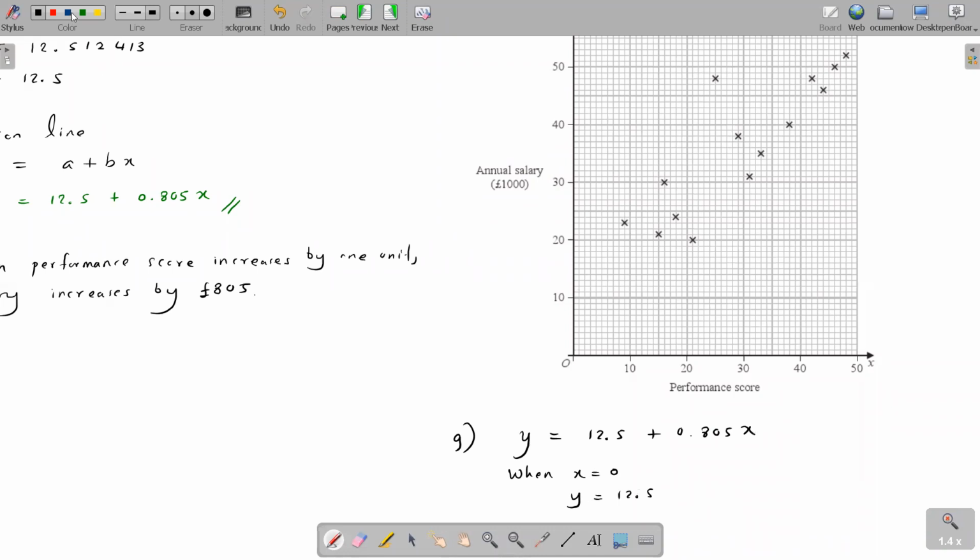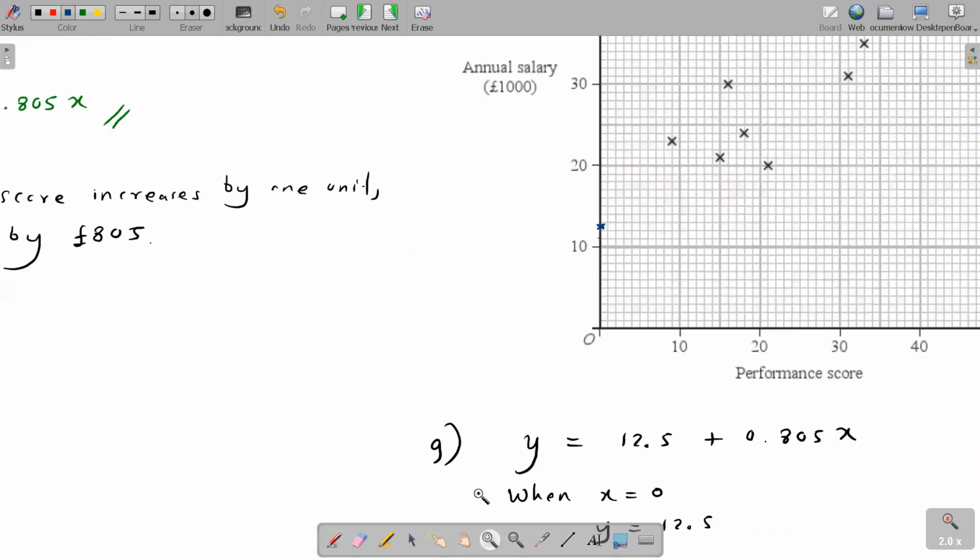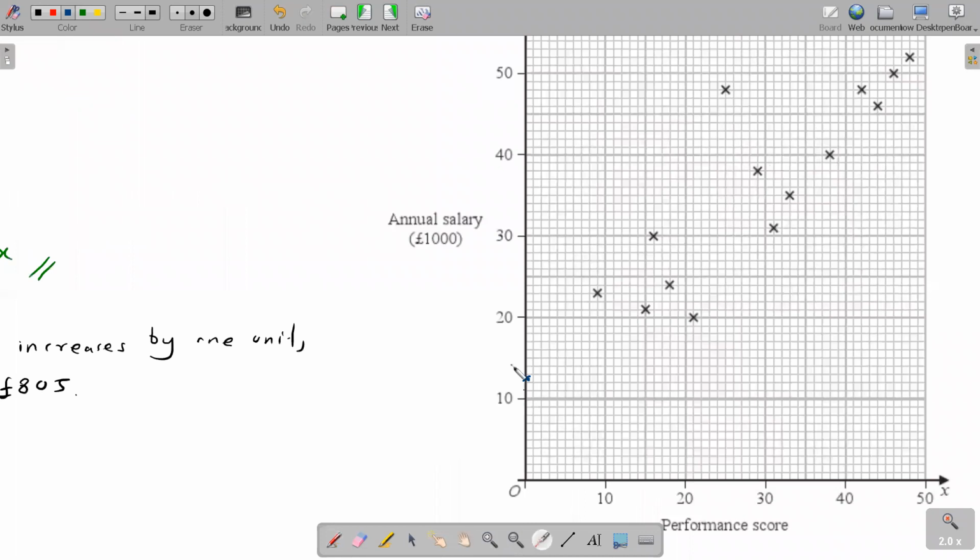Mark that. 12.5 is in between 12 and 13, because each small square represents 1 unit. So 10 is here, 11, 12, and 12.5 is in between. Can be marked. Okay, so this is 12.5, children.